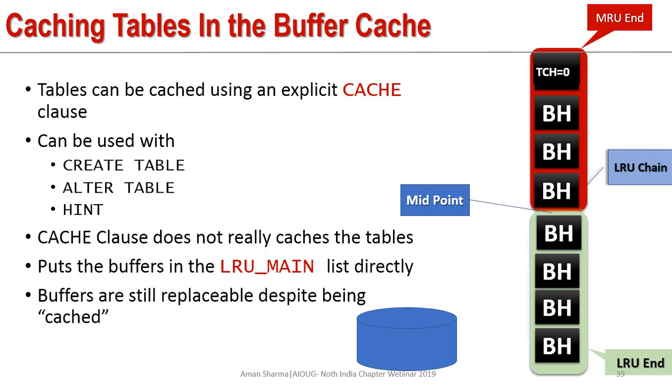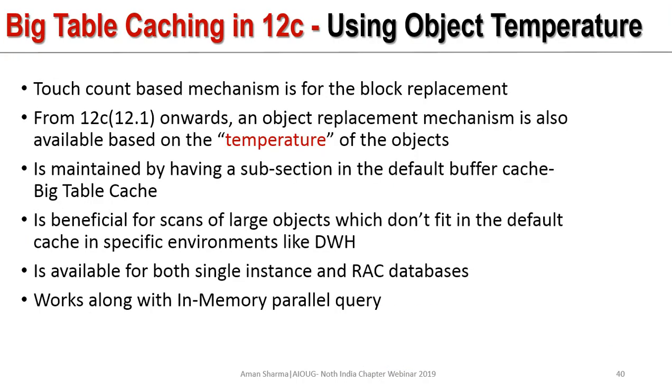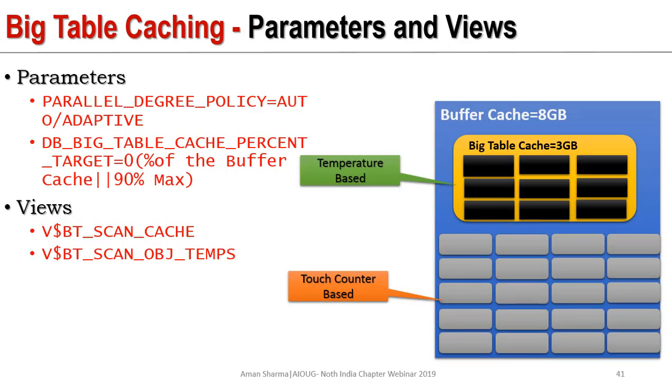Now in 12c or from 12c onwards, instead of having just the touch count based algorithm, Oracle also has something called a temperature based structure, which is meant for objects that are very large in size. The idea is that instead of maintaining larger tables with the touch count based pointer, they are maintained by a temperature.